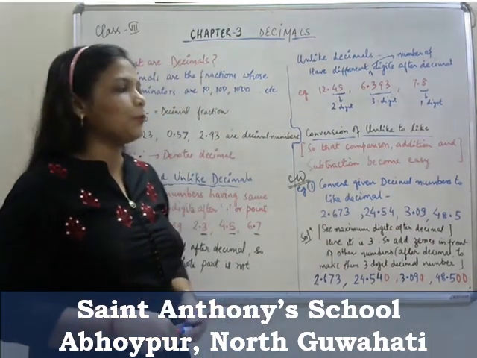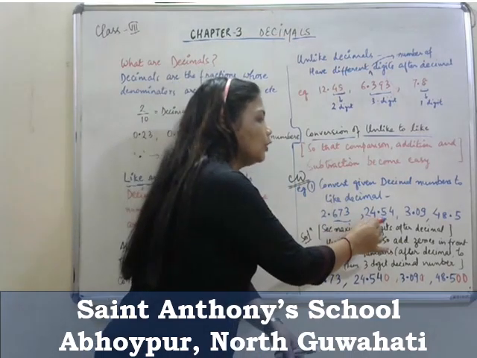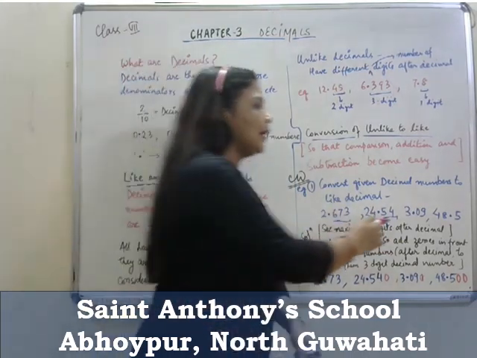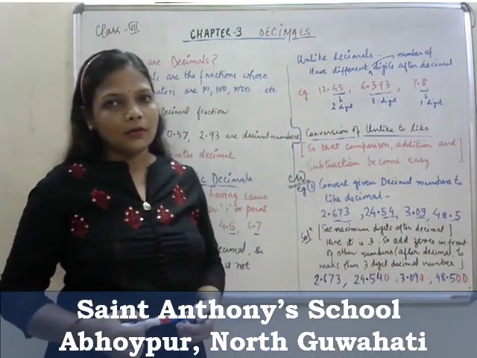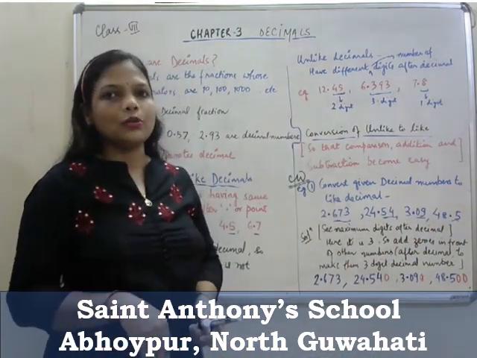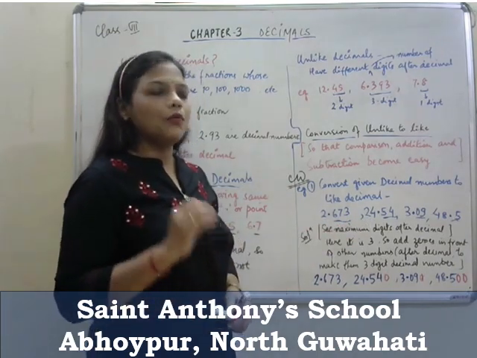If you see properly, here 3 digits after decimal, here 2 digits after decimal, here 2 digits after decimal and here 1 digit after decimal. So these are actually unlike, and I want to convert them to like. What will we do?